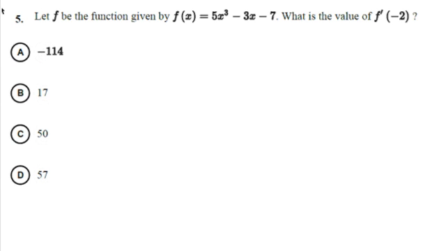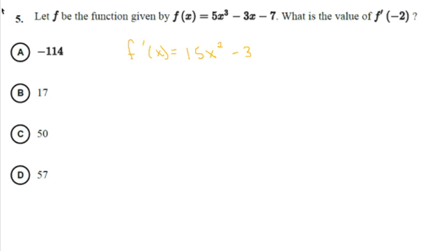Now we're looking at a polynomial, so we're going to put into effect our power rule. F prime of x is 15x squared minus 3.